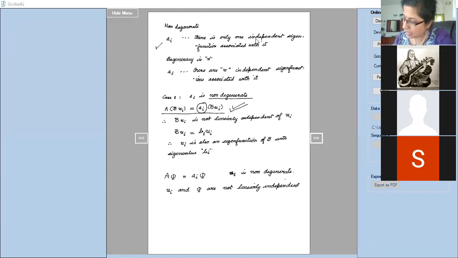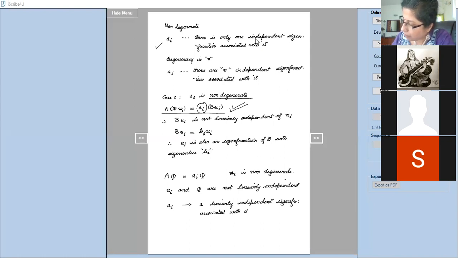Non-degenerate means if AI is non-degenerate, there is only one linearly independent eigenfunction associated with it.